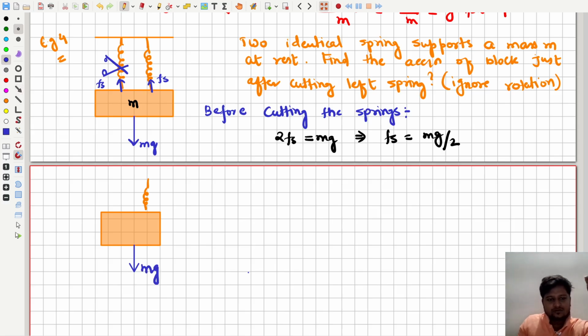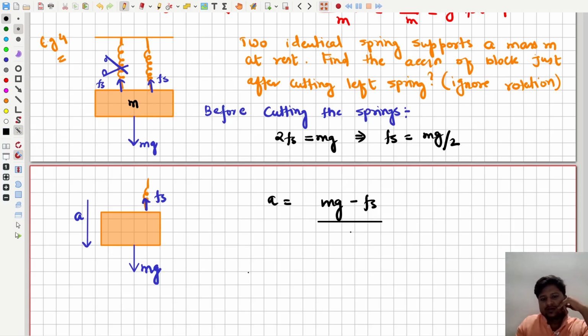So weight is still mg and spring force is fs. But now the net holding force went away, so downward force will become heavy, and therefore it will pull down with an acceleration A. That acceleration will be the pulling force mg minus fs divided by net mass.